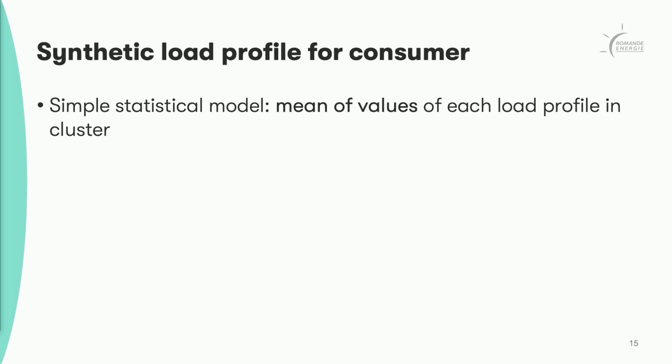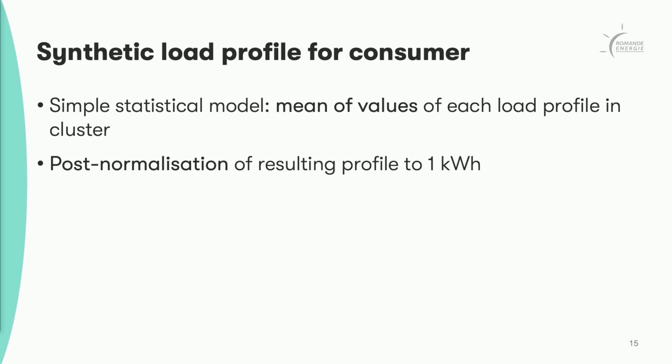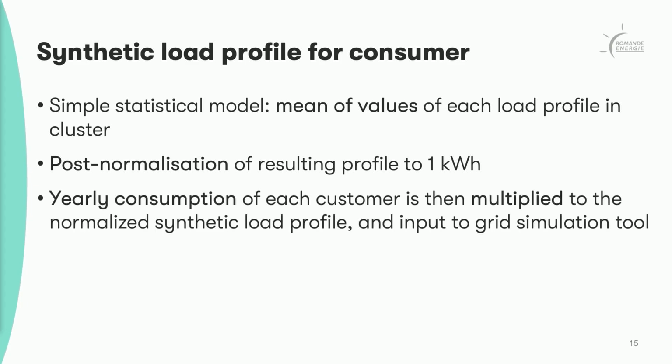In the end, we have a single time series that we normalize so that it sums up to 1. Then in the grid planification tool, we multiply this synthetic load curve by the annual consumption of the client so that it scales up to something meaningful.